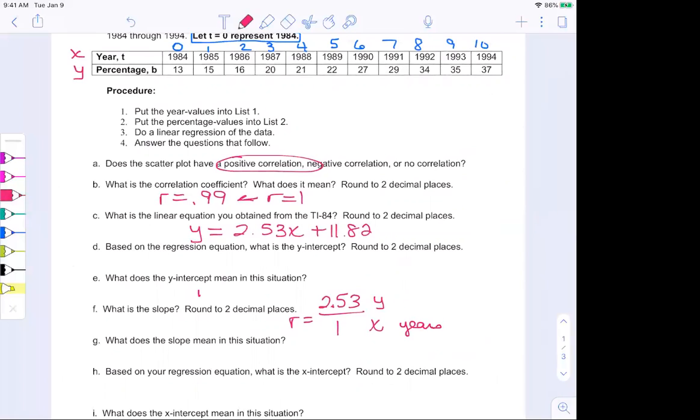Alyssa, what do you have? Maybe as the years go on, more people have computers in their households.